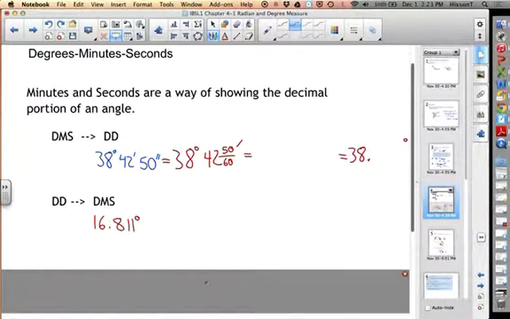There's 60 minutes in 1 hour, so there's 60 minutes in 1 degree. Okay, so this would be 38, and you'd put that 42 and 5/6 over 60. Divide over 60, because there's 60 minutes in 1 hour, so there's 60 minutes in 1 degree as well.